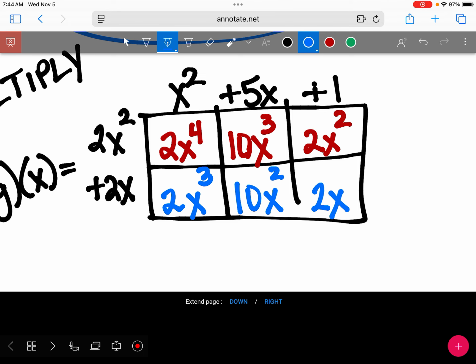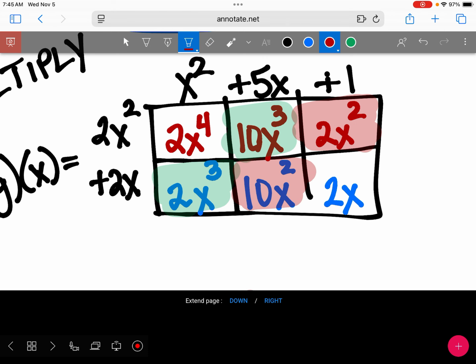And we do have 2 sets of like terms, so we can add together these 2 because they both have x's, and I can add these 2. So my final answer would be 2x to the power of 4. All right, what do you get when you add my 2 green highlighted squares?